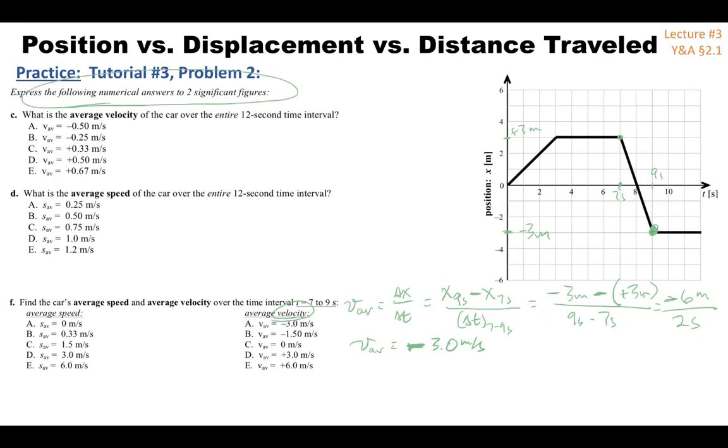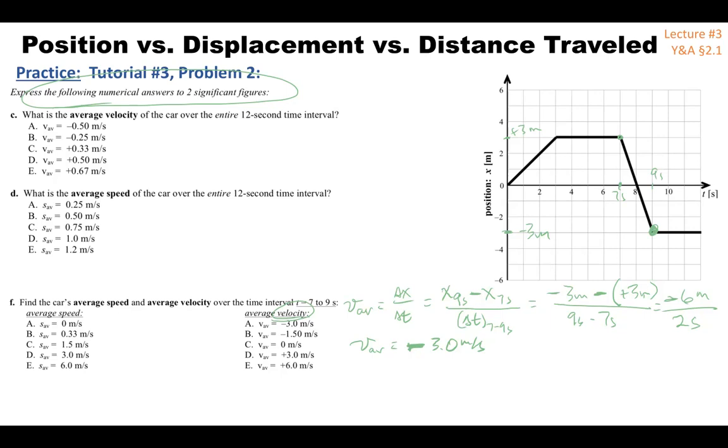By the way, I spelled out here in this problem, express your answers to 2 significant figures because this is an example of a problem where I'm giving you a graph to read. And it's not really clear when you just look at the values on the axes how many significant figures the axes are labeled to. So I'm just making a request. I'm just saying, look, read the values off the graph as best as you can, and then round your final answer to 2 sig figs. Let's assume you know the answers to 2 sig figs. Okay, oops, I made a mistake and I have one of these to 3 sig figs.